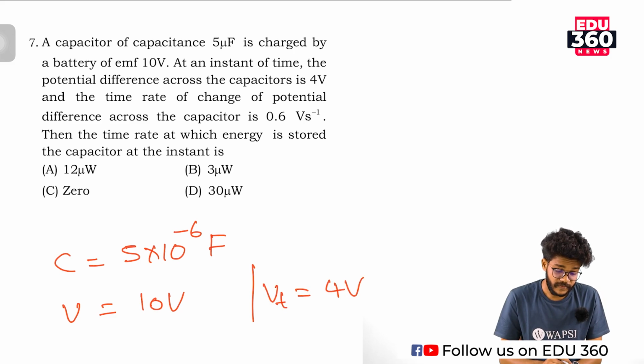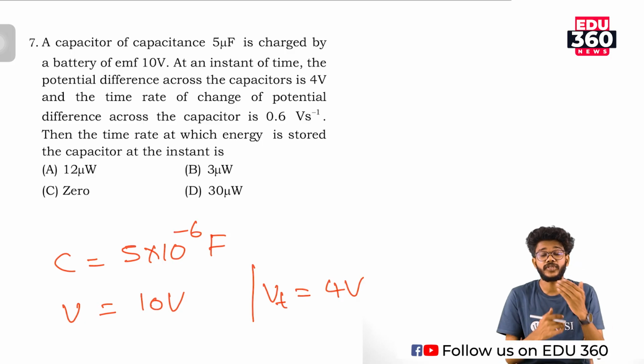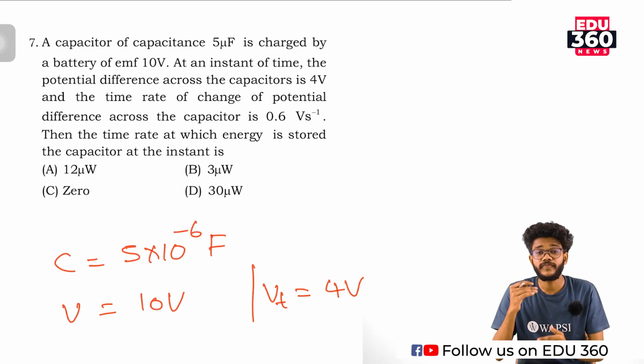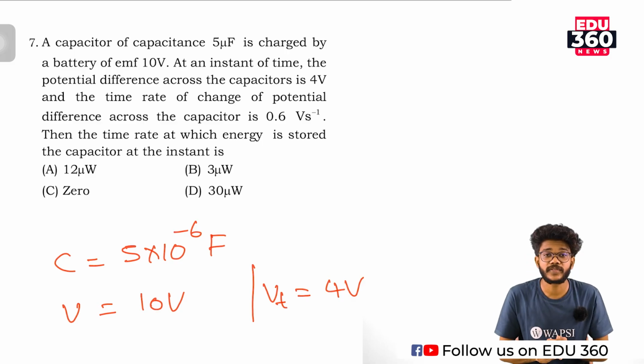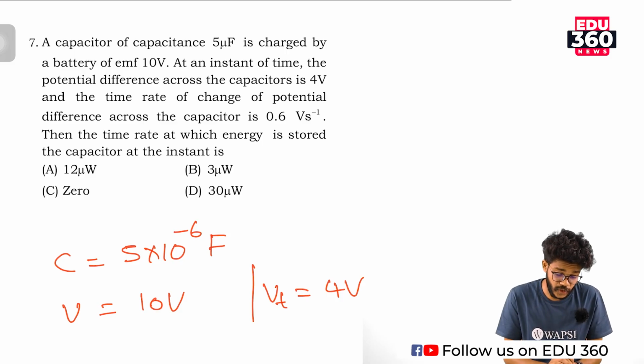And the time rate of change of potential difference across the capacitor is 0.6 volt per second. That means the rate of change of voltage with respect to time is 0.6 volt per second, so we want to differentiate the voltage equation. Which equation? The time rate at which the energy is stored.